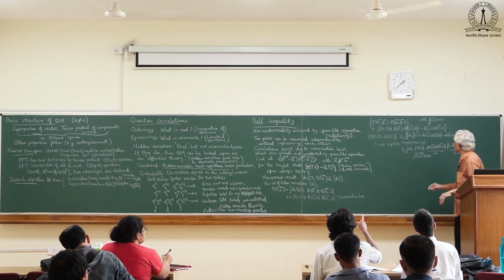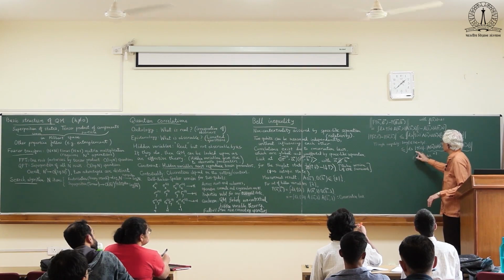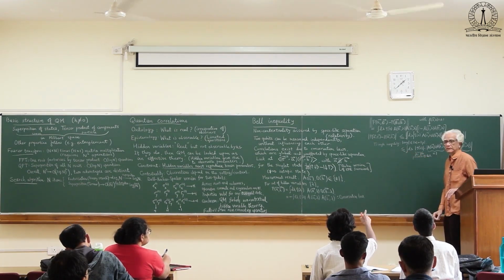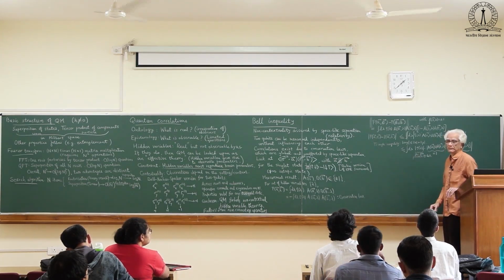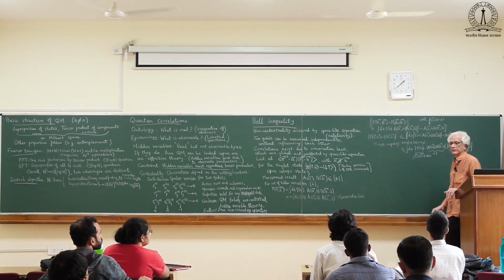Rho of lambda also should be positive for a probability distribution.